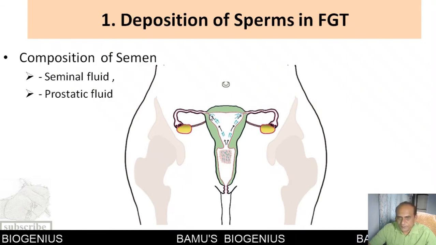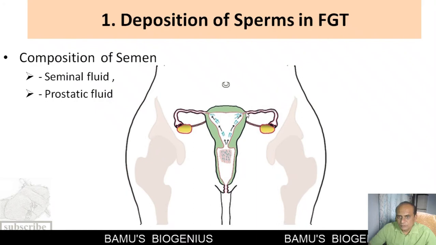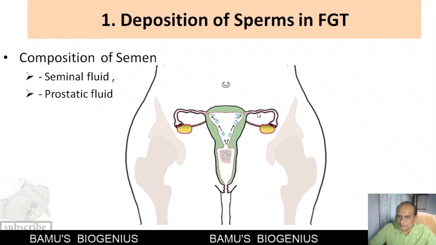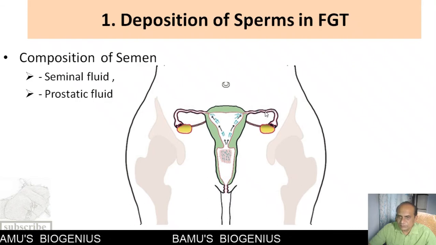and move towards the opening of the oviduct. Now you will find that after some time, these sperms enter into the isthmus region of the fallopian tube. This is the isthmus region of a fallopian tube.